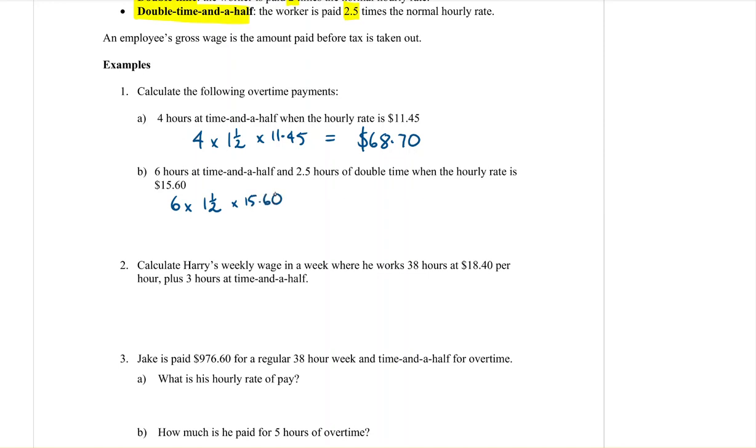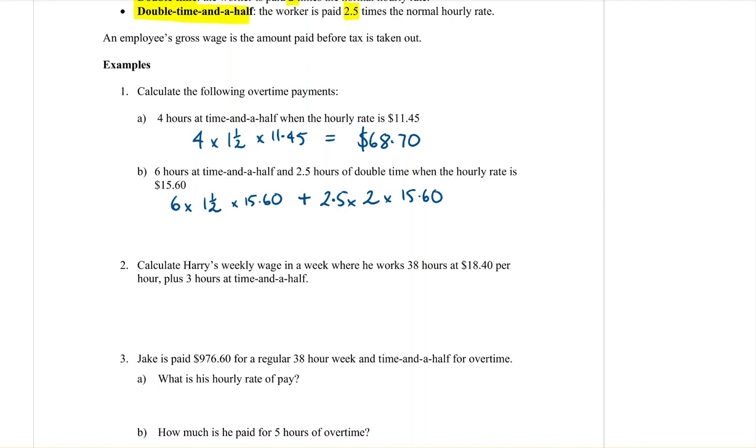So it's always hours, the type of overtime, and times by the hourly rate of pay. But there was a second amount. So I'm going to add to that their double time. They did 2.5 hours, and double time means times by 2 times the $15.60. Okay, see how I've added the 2 parts of overtime together?